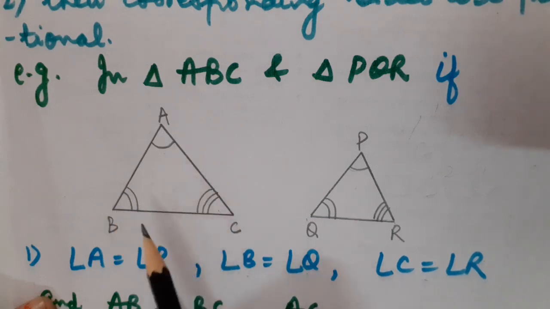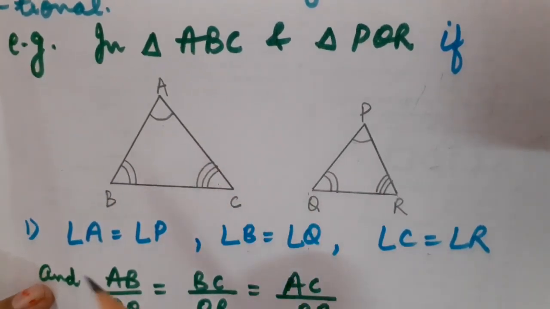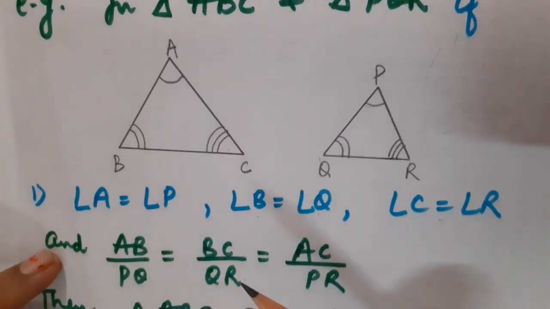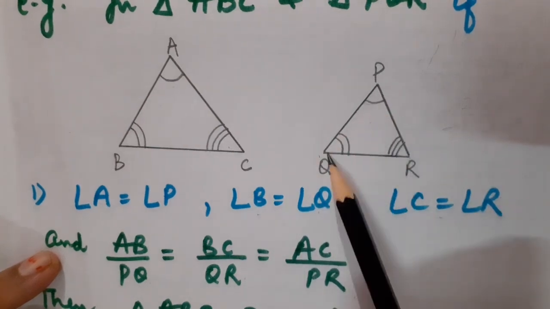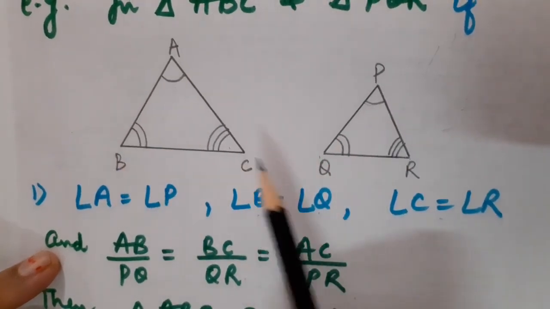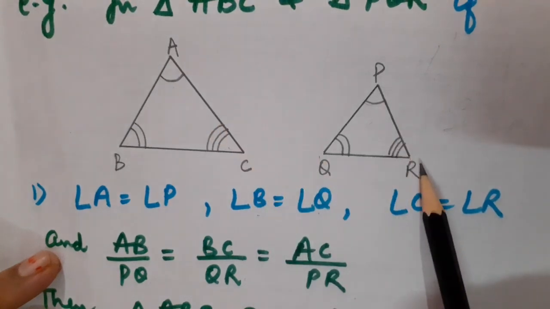It means all the corresponding angles are equal. And for the ratio of the corresponding sides, AB corresponds with side PQ, BC corresponds with side QR, and AC corresponds with side PR.